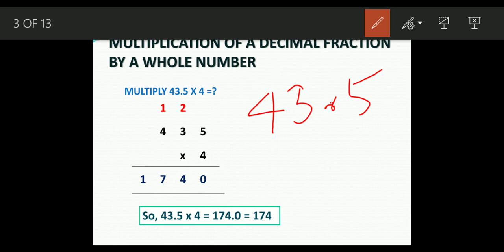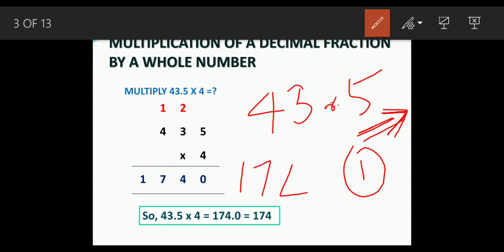After the decimal point, on the right side, how many numbers are there? One number, right? So in my answer, 1740, from the right side, that is from the ones place value, before one number I will keep the point. Understood?